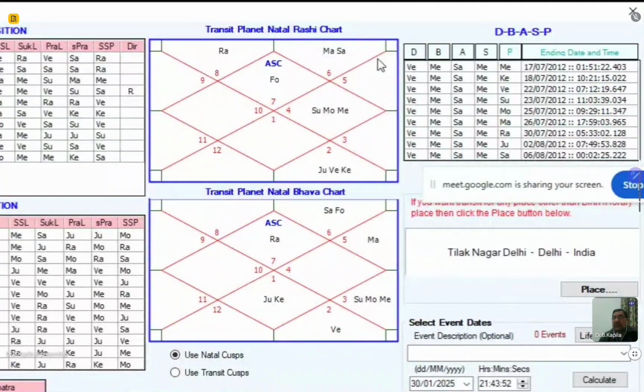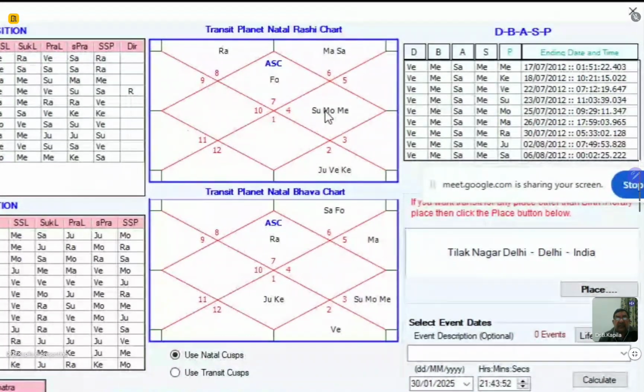I've already discussed this: here it commits by 2, 5, 11 and final confirmation by 5. So Moon is a stronger significator of the event of childbirth as compared to Mercury. That is why we selected the transit of Sun in the Cancer sign.